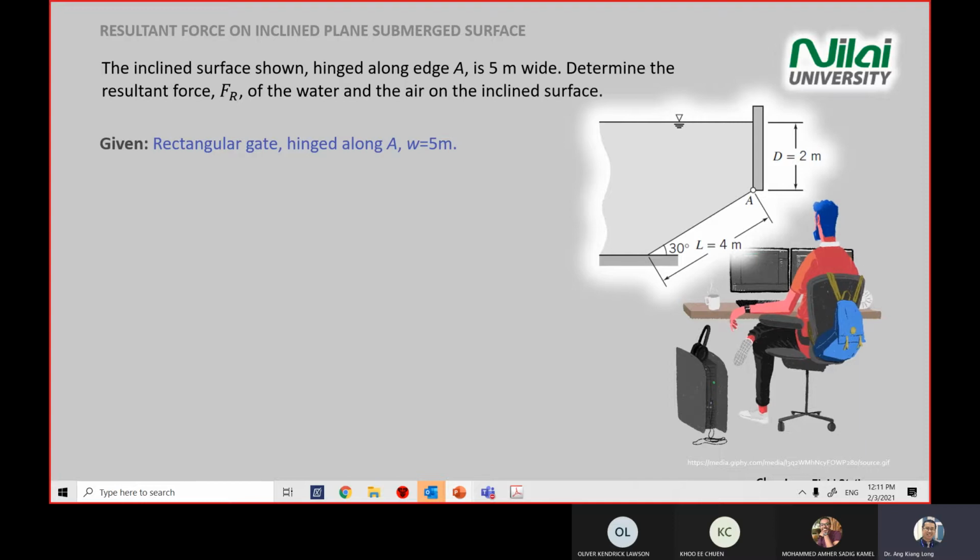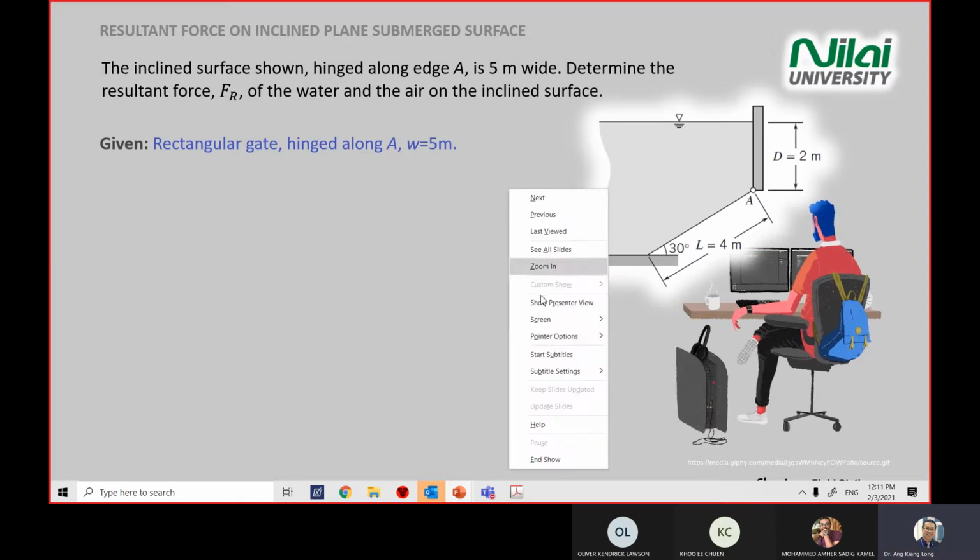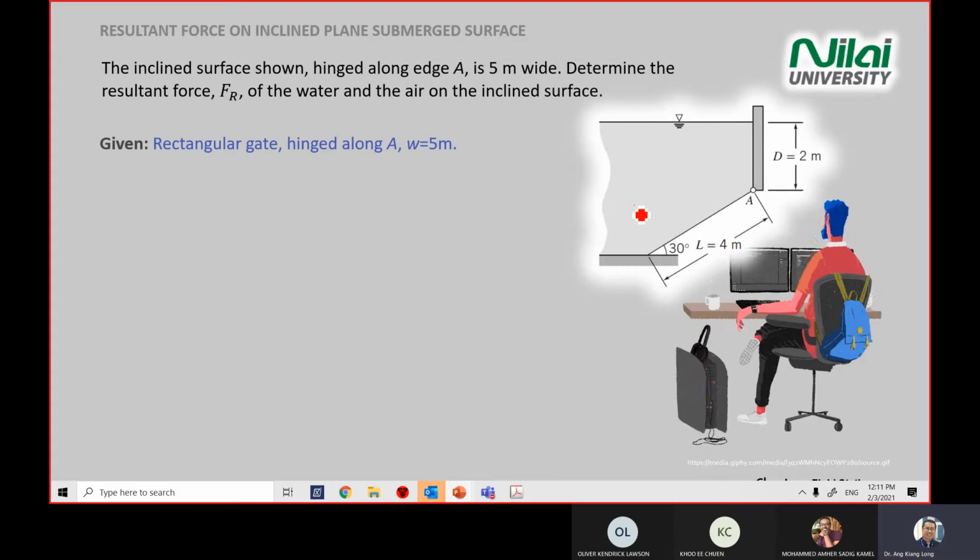So first step, extract all the information given. We have a rectangular gate, which is this one, hinged along A, and the width is 5 meters. If you take the L times the width, you get the area. So be careful with the information given.